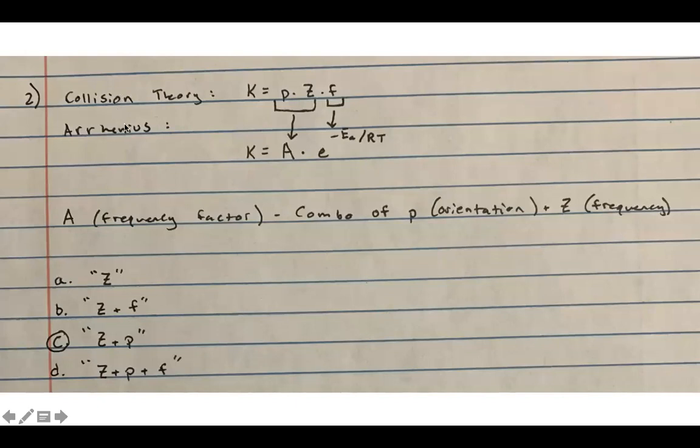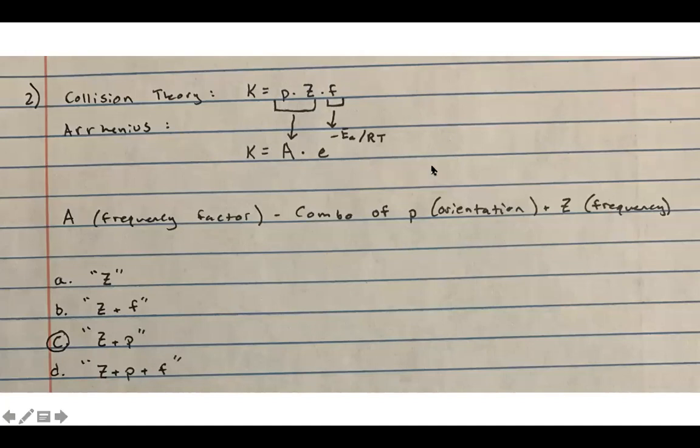These are two different equations that represent what k, our rate constant, is. So collision theory says k equals P times Z times F, where P represents whether the orientation is correct, Z represents how many collisions there are, and F represents how many collisions have enough energy to actually become products.